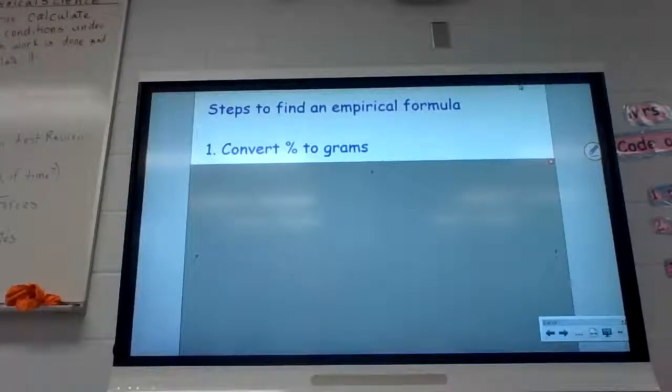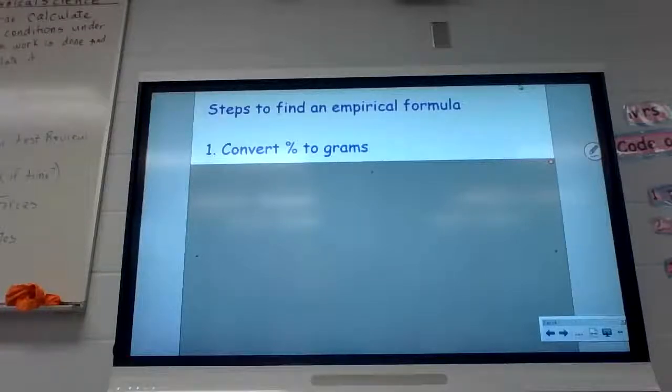So it depends on how the information is given to us. Now, we're going to do 3 different problems just so you can see 3 different styles. I do recommend you write all 3 down so that you understand how I can vary them on the quizzes and the tests. Now, we're going to change percent to grams.